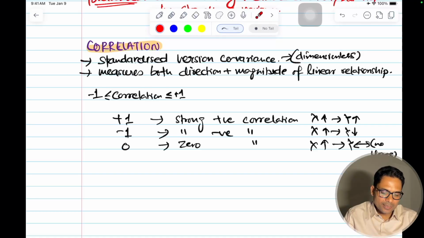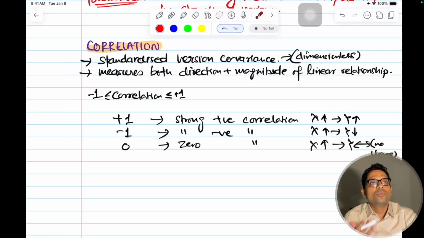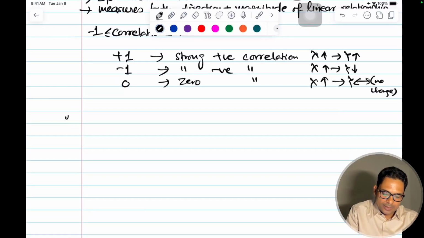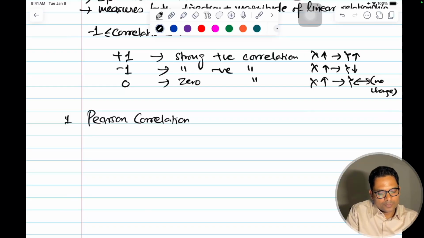The ways to measure correlation, there are two most common ways, and the first one is Pearson correlation coefficient.